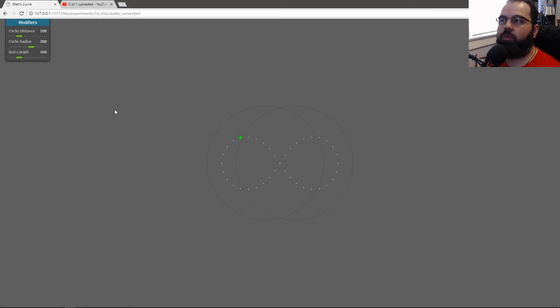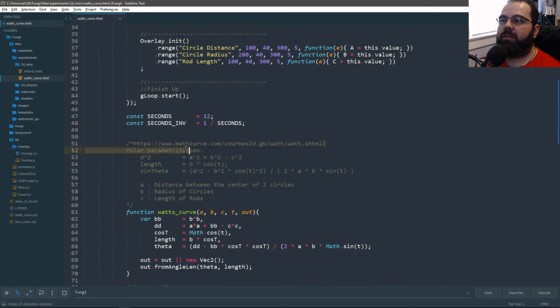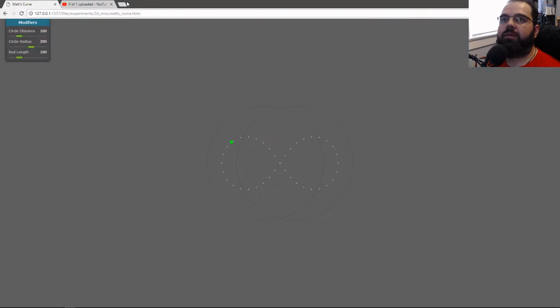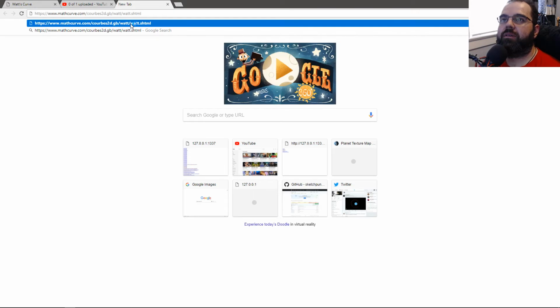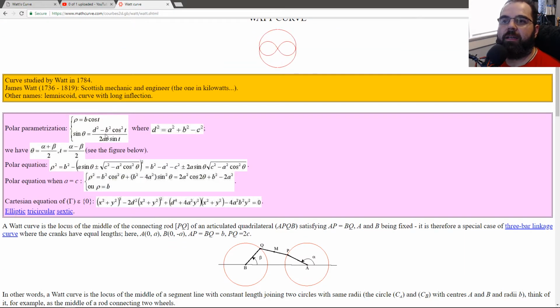I think he already gave me the equation. Okay, so he found this page where it has the polar parameterized equation for creating that curve.